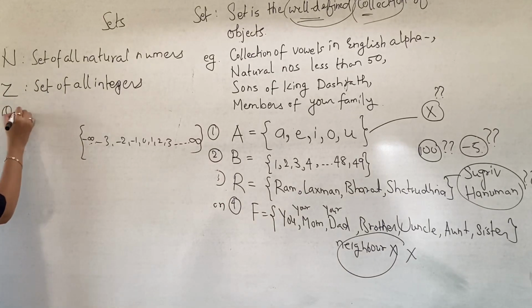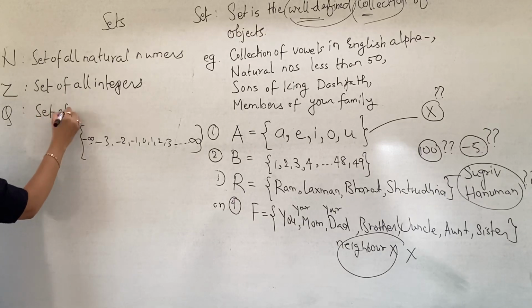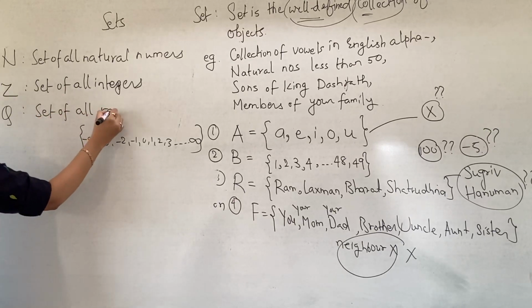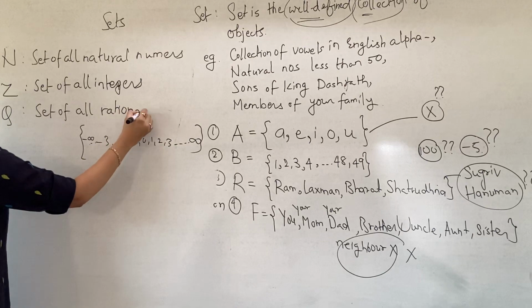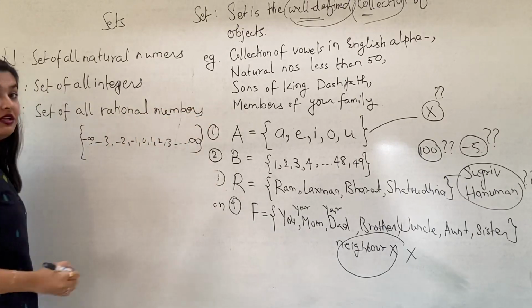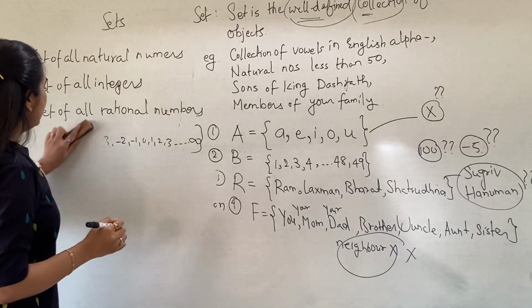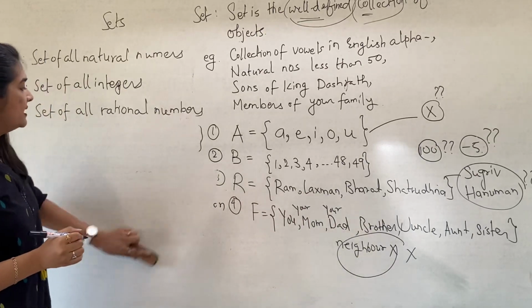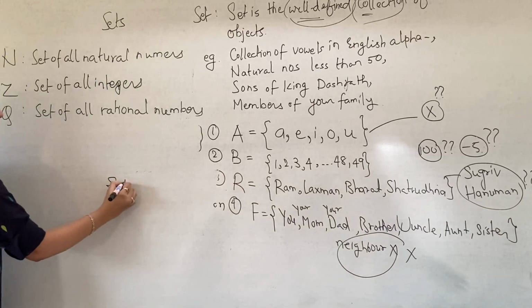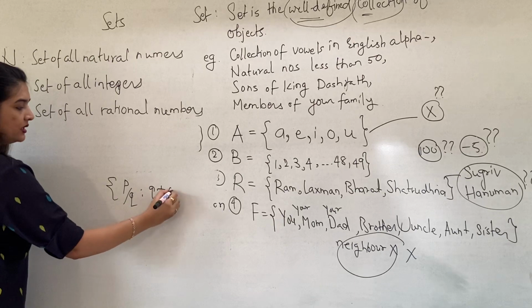Next will be Q. Q is nothing but the set of all rational numbers. Rational numbers are nothing but the numbers of the form p by q, where q is not equal to 0.